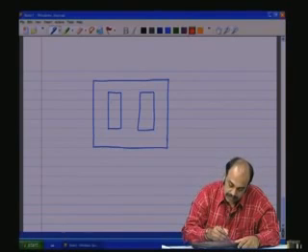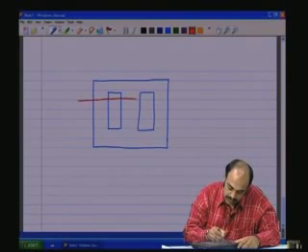Now, the winding is done on the central limb in this case.